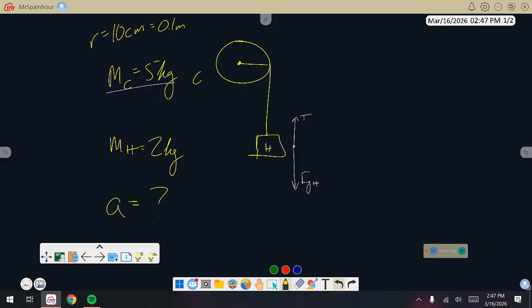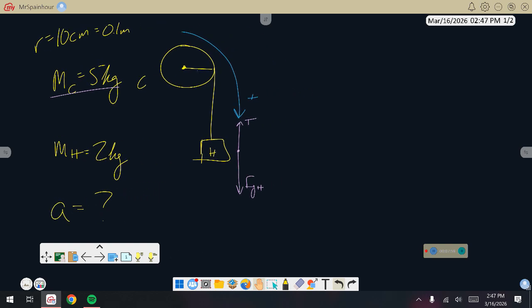Down, which we typically call negative. And which way will this angularly accelerate? It'll also go negative. So you could leave it alone, arguably. I like to just leave things as positive anyway, and I think it makes it a little bit easier to understand. So what I'm going to do is I'm going to say this way is positive. Cool beans? All right.